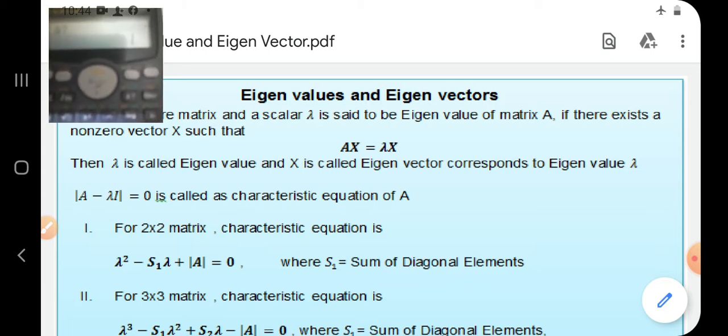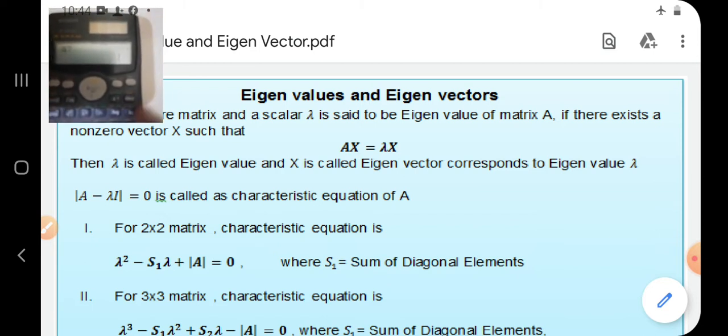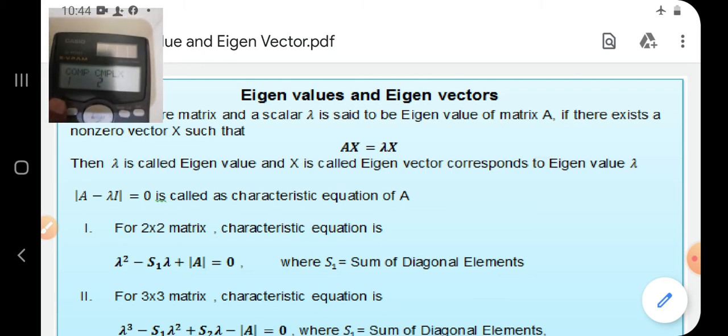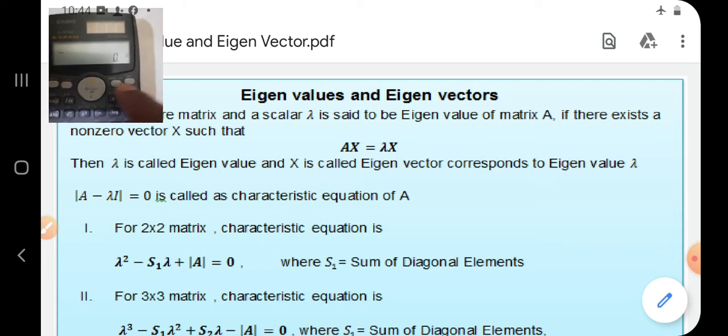If I take degree 2, I will show you that also. Now again take clear mode, shift mode you can take, and clear all. Then I will show you again how to go into the equation. Here, just go on pressing mode.